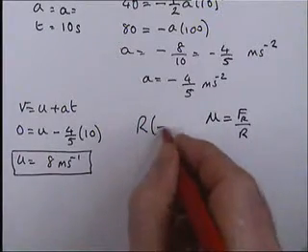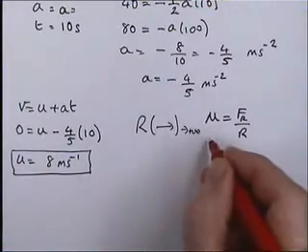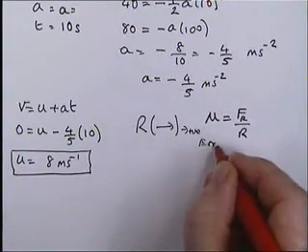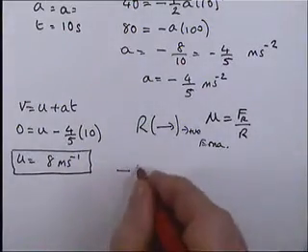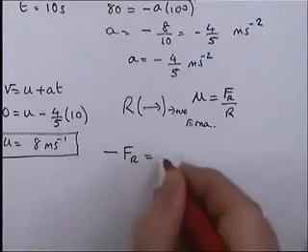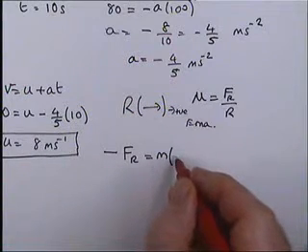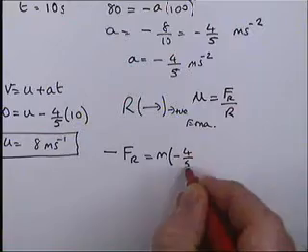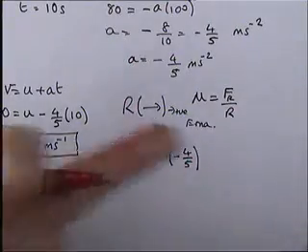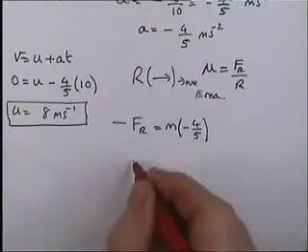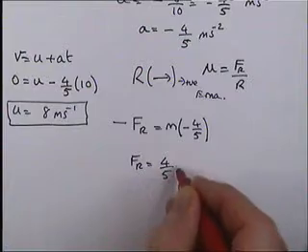I'm going to resolve parallel to the slope to begin with, taking that direction as positive, and using F equals ma. So I get minus friction equals m times minus 4/5, because acceleration is also negative if I take to the right as positive.